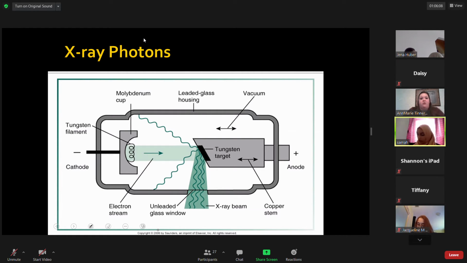Good. So we have a negative cathode that's giving off negative electrons. It's going through that electron stream towards the tungsten target. Once it's in the anode, what happens to those electrons? They become photons. Good.